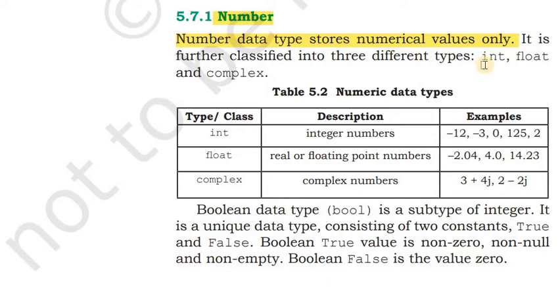So here are three different types of numerical data type. Okay, the first one is integer, the second numerical data type is float, and the third is complex. Integer, float and complex.